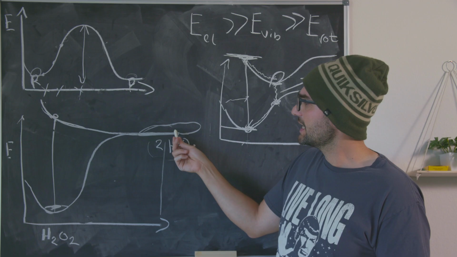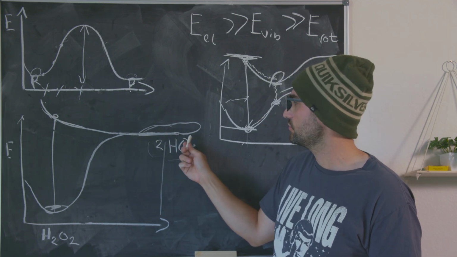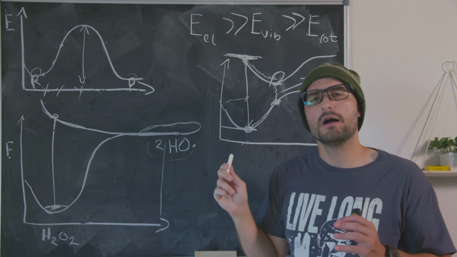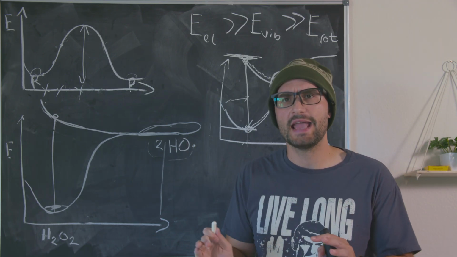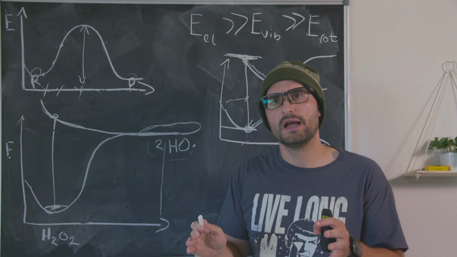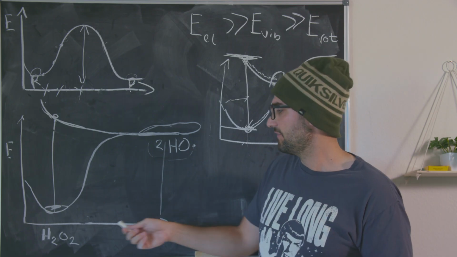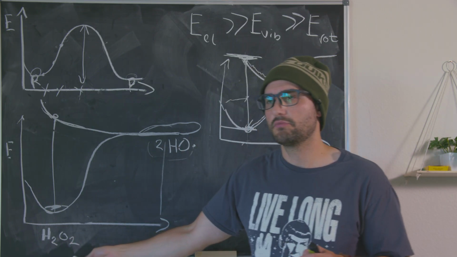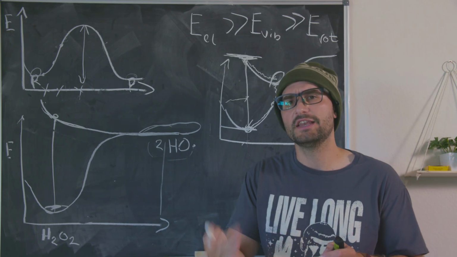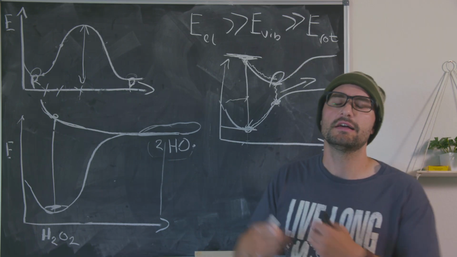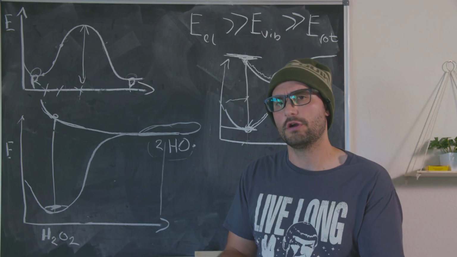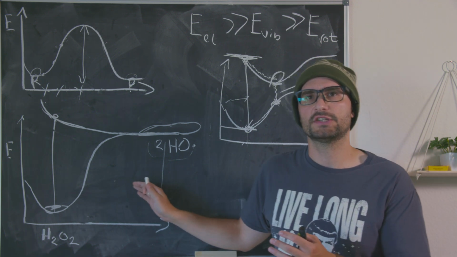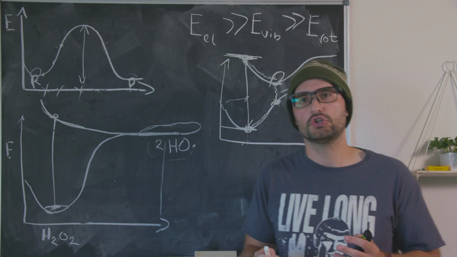Of course, this technically can collide with other hydroxyls and go back here, because this is not exactly a minimum, but hydroxyl is so reactive that it will interact with anything else that it sees, and it's likely that it will see another hydrogen peroxide, it will initiate a chain reaction type of deal that will end up with mostly water and oxygen. But that's besides the point. We only cared about this first step for what we wanted to show.